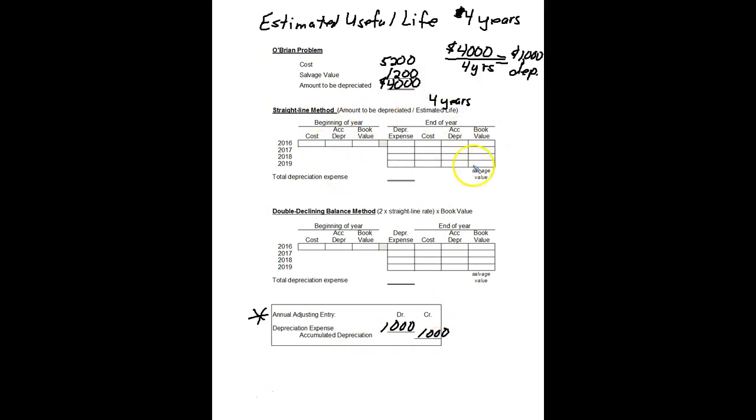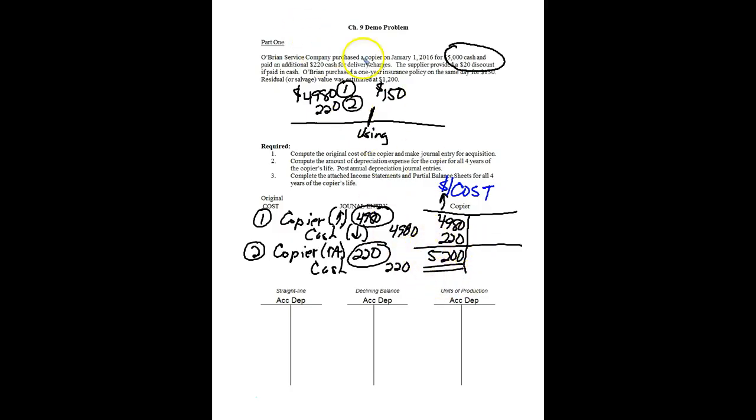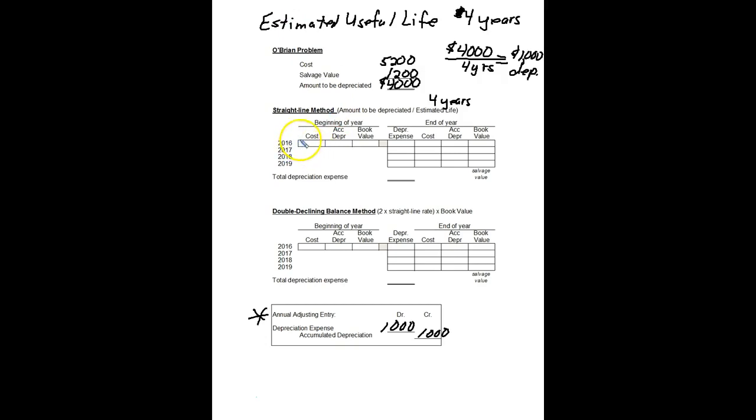Now, typically an accountant will put together a depreciation schedule, and it looks something like this, where we have the original cost. Again, let me remind you, the original cost is $5,200. Now, when we acquire it, we don't have any accumulated depreciation. I'm just abbreviating that.